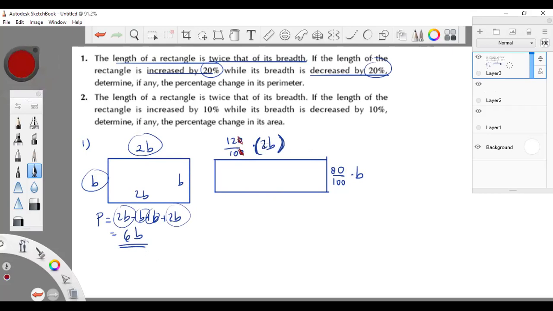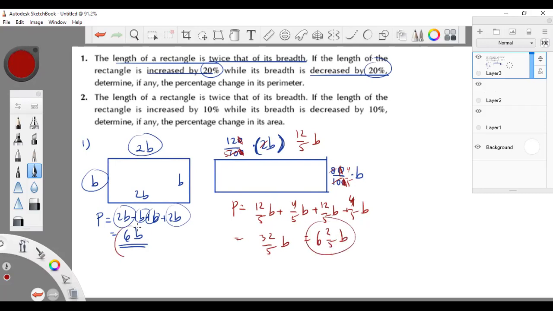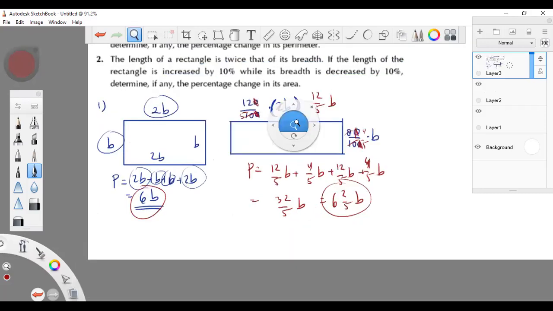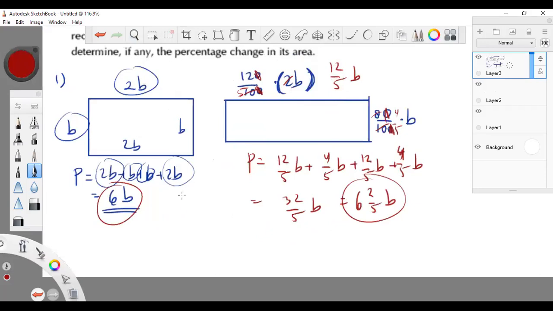Cross, divide by 2, divide by 2. So it is 12 over 5b. And how about this? 8 over 10 and 4 over 5b, right? So the perimeter will be 12 over 5b plus 4 over 5b plus 12 over 5b, again the same, plus 4 over 5b. You will get 32 over 5b. So what is the answer? 62 over 5b, right? Again, let's see. The original is always 100%, right?